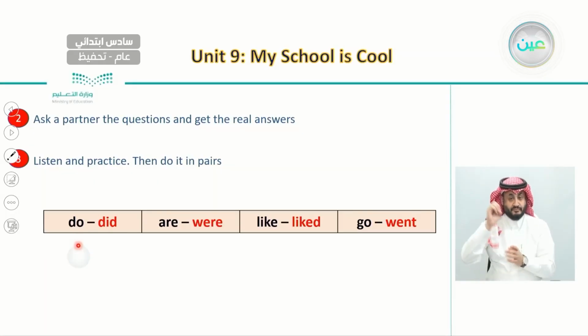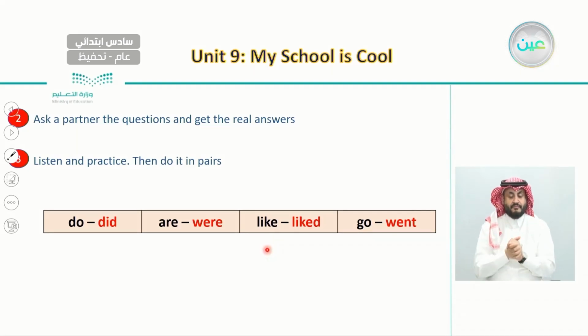Do. Do is in the present and the past is did. Do, did. Next we have are. Are in the present tense and the past is were. Are, were. Next we have like. Like is in the present tense and liked is in the past.